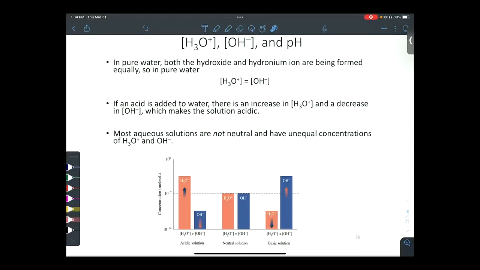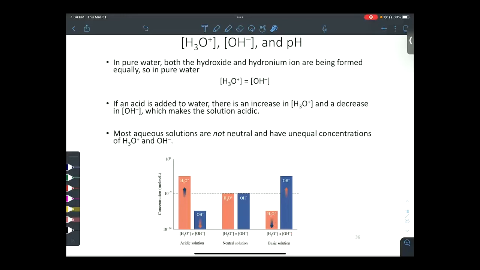In the previous example, we added base to it, so we disrupted that equilibrium, making a basic solution. We added OH minus into solution, which decreases the amount of acid that's available. So we call that a basic solution.